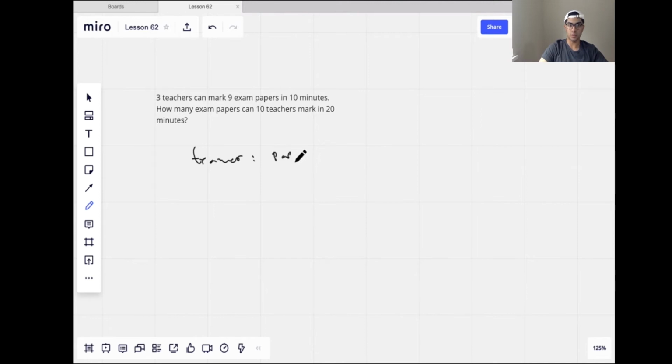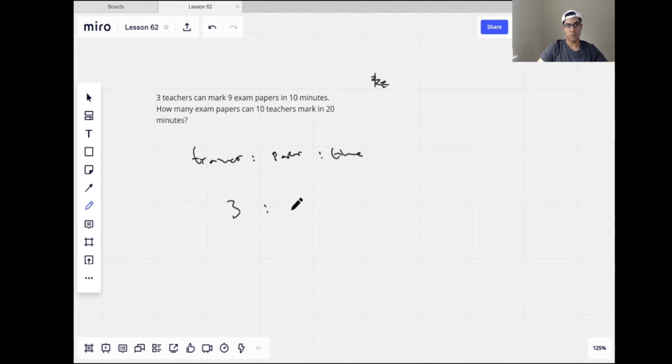And we also know that time is going to be proportional to the number of papers marked as well. So we have some sort of ratio, proportionality-wise, of 3 teachers to 9 exam papers to 10 minutes.